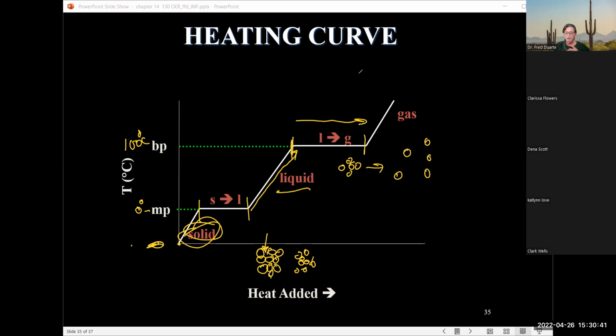So the next time you're out there boiling a pot of water for some spaghetti, okay, and someone asks you to turn up the heat, it's not going to save your money on electricity or gas, because no matter what you do, that temperature is not going to get any greater than 100 degrees if you're boiling water.